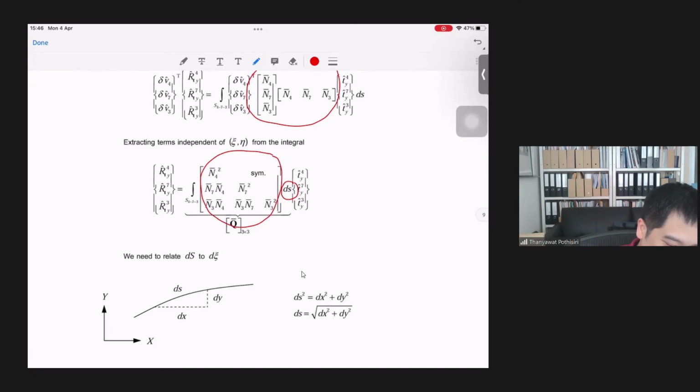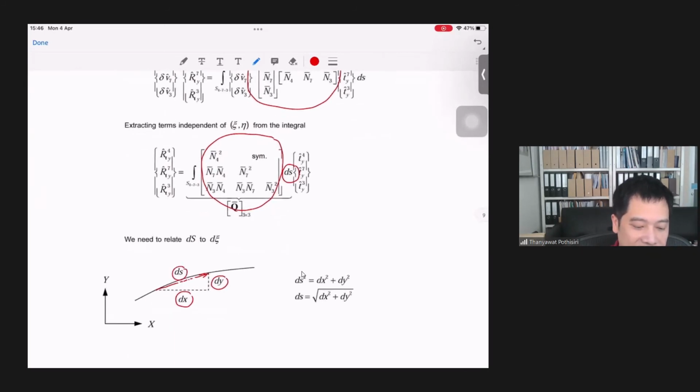We can think of ds as a segment approximated based on dx and dy, like this.